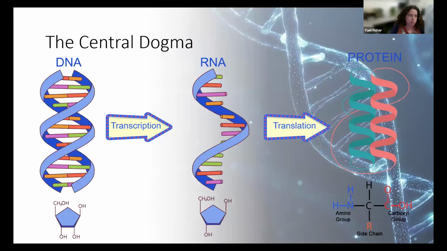So we started the series talking about the basics of molecular biology, the central dogma of molecular biology, where DNA is transcribed into RNA, that's translated into protein. And we talked a little bit about the structure of DNA and RNA.